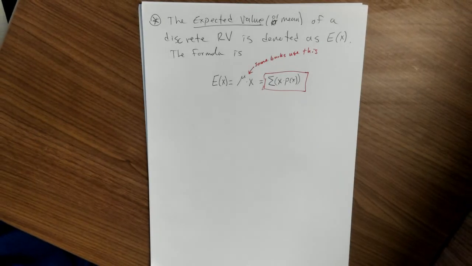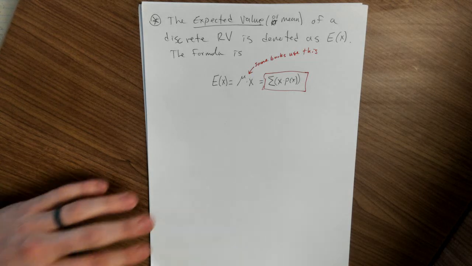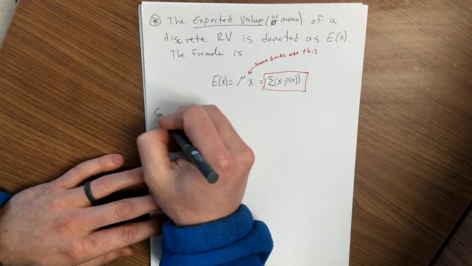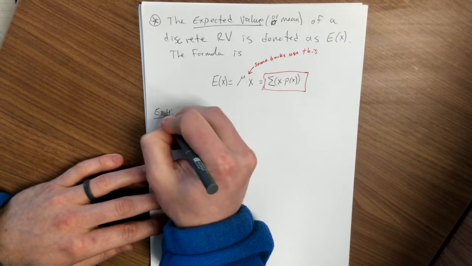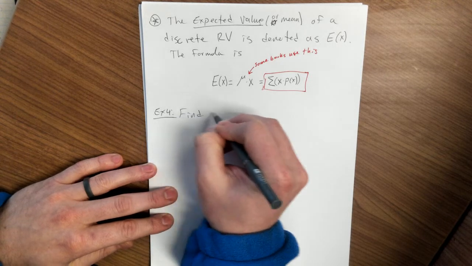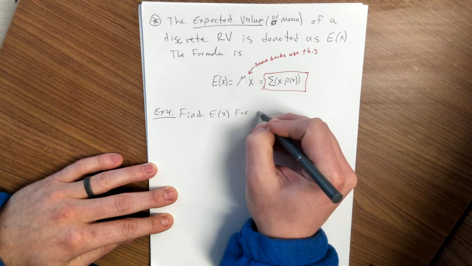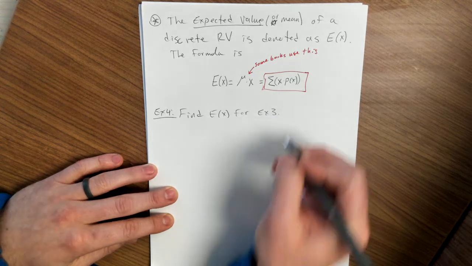So what I want to do is go back to our basketball example, and we're going to do that now. So here is example 4. Find E of x for example 3.